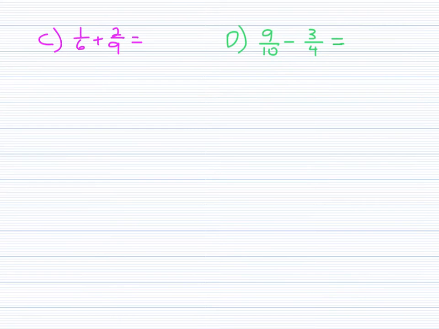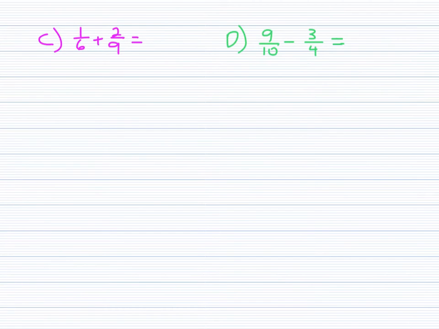Let's wrap up with 2 more examples where we add numbers with unlike denominators. So in our first example, 1/6 plus 2/9, we have to find a number that 6 and 9 both go into. It can be really useful to have a multiplication table handy so we can look at the multiples of 6 and 9 together. Remember, you always have that in the back of your blue book.